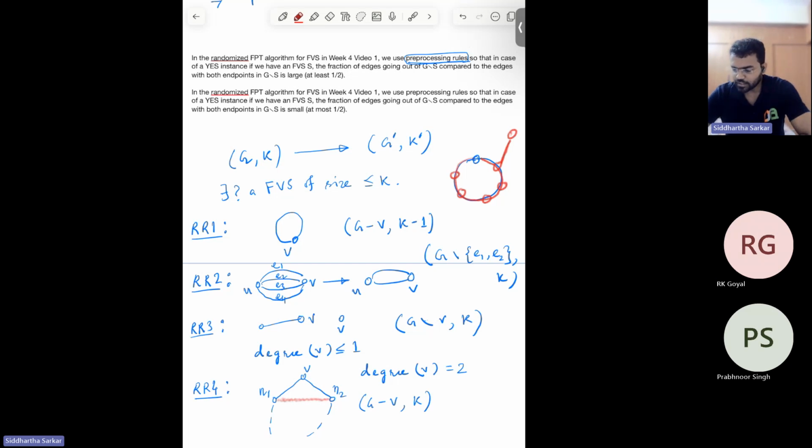You delete V, but to retain the information that there could have been a cycle involving V, you add an edge between N1 and N2.